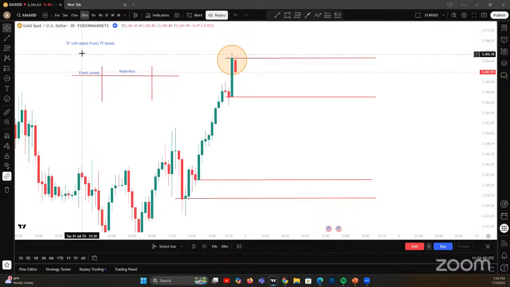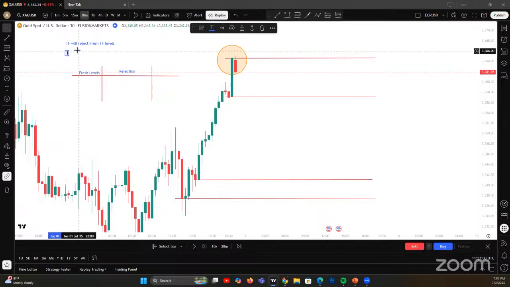Time frame will reject fresh time frame levels. This is now the time frame, 30 minutes. So it will be: 30-minute will reject fresh 30-minute levels. That's what it means.